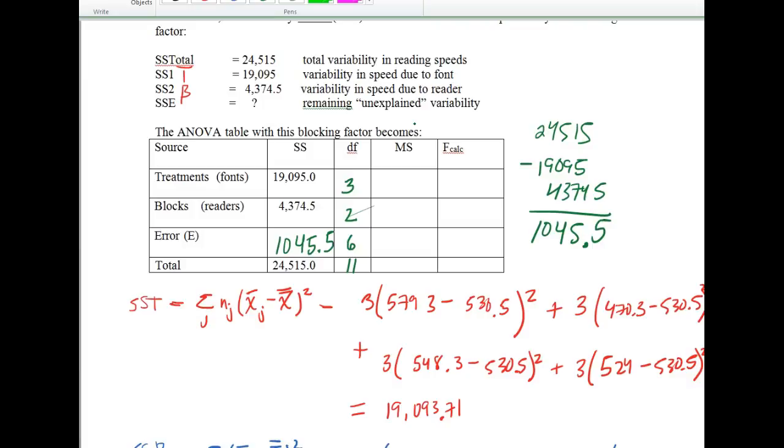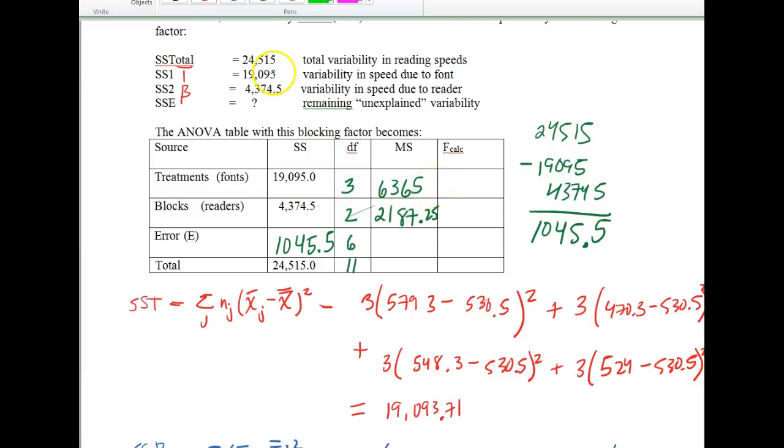So we have 19,095 divided by 3. And that's going to get us our mean squares treatment, our MST. So it's going to be 6,365. And then now we have to do the mean squares block. That'll be 4374.5 divided by your degrees of freedom of 2, which is going to be 2187.25.